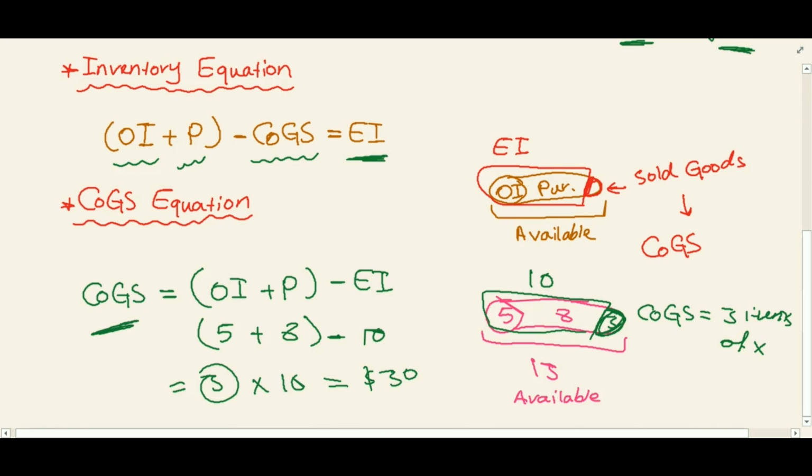So these two equations over here are really important for your financial accounting course. I recommend that you memorize them for now, and while you are doing some exercises and practicing, try to understand these equations. They are really easy.